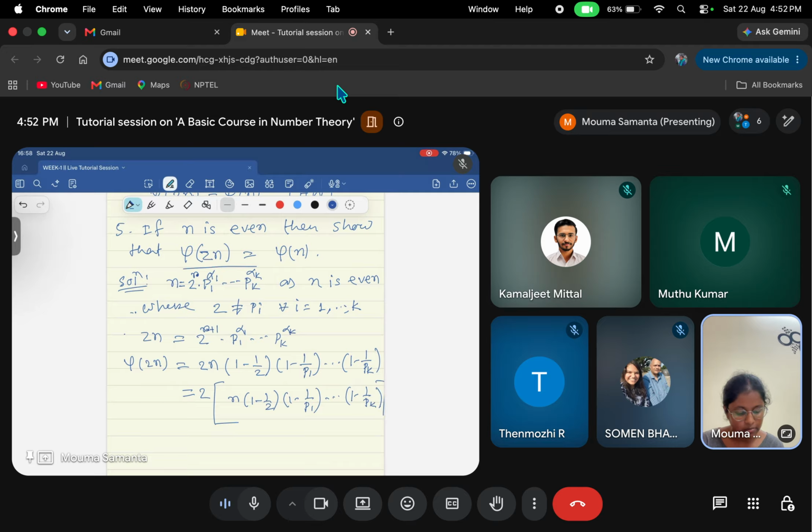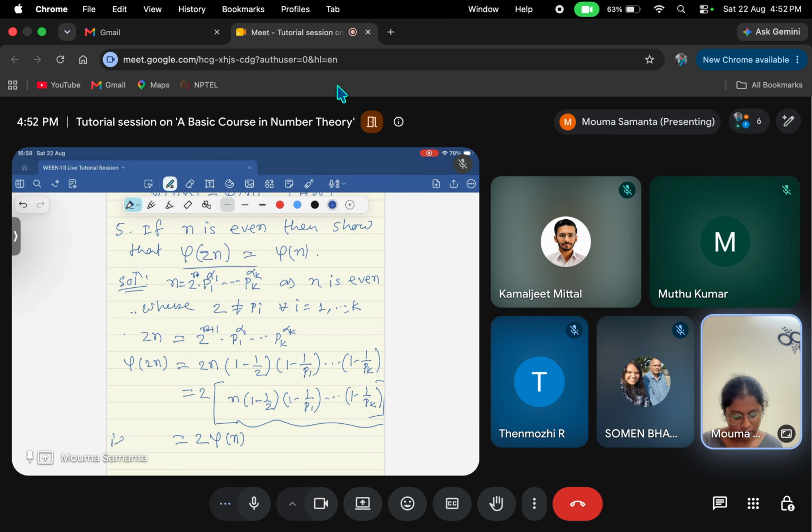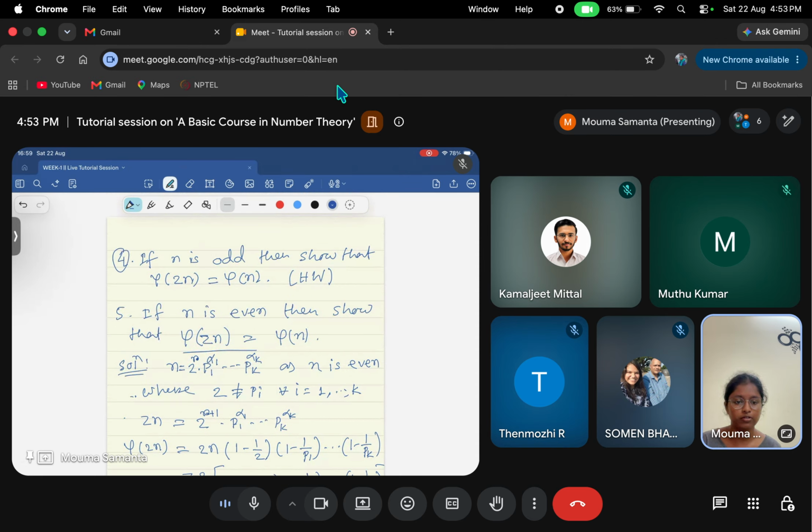What is this term? That will be phi n, exactly phi n. Thus we have shown phi of 2n equals 2 phi n. So using this concept you can answer question number 4 also.